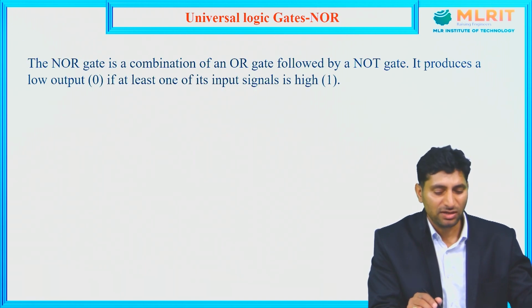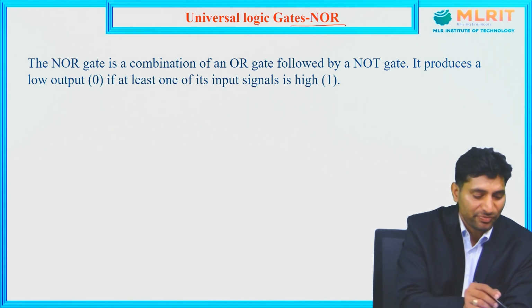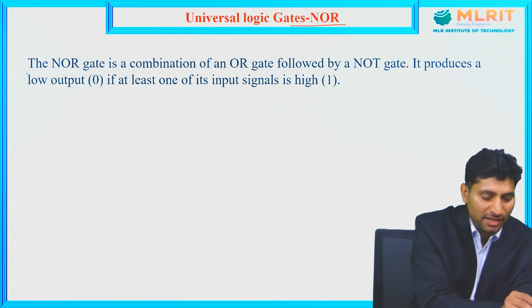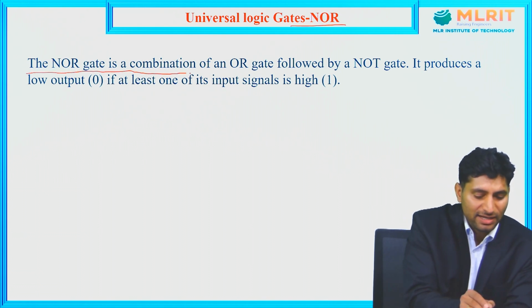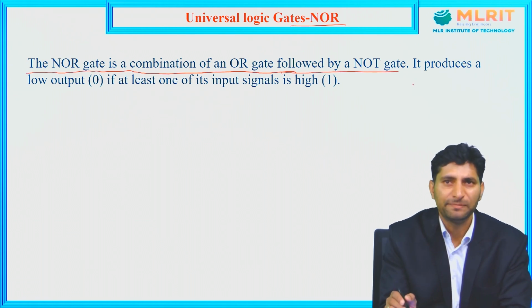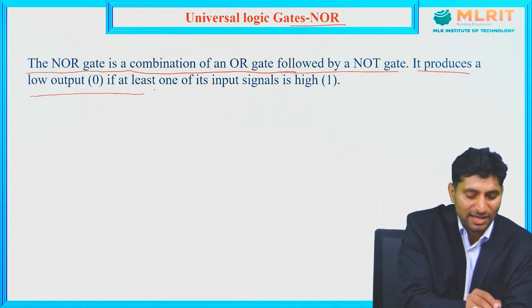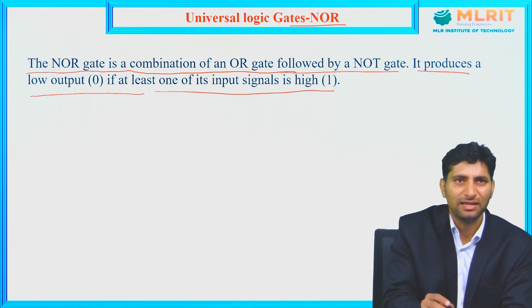Now, let us move on to one more universal logic gate, that is the NOR logic gate. If you observe its definition, the NOR logic gate is a combination of an OR gate followed by a NOT logic gate. It produces low output if at least one of its input signals is high.